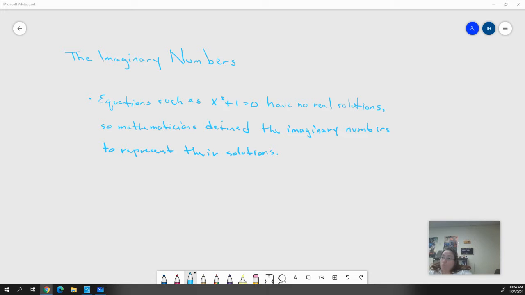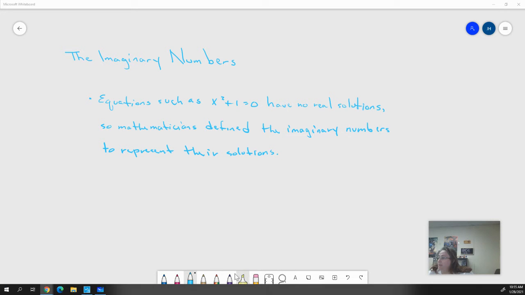The reason they were created was because equations like x squared plus 1 equals 0 don't have any real number solutions. So mathematicians defined what we call the imaginary numbers to represent those solutions.